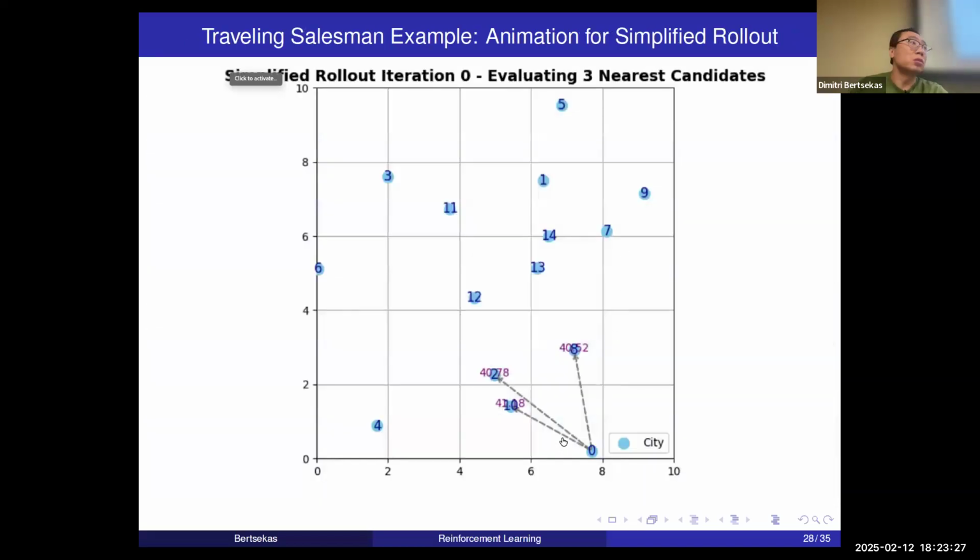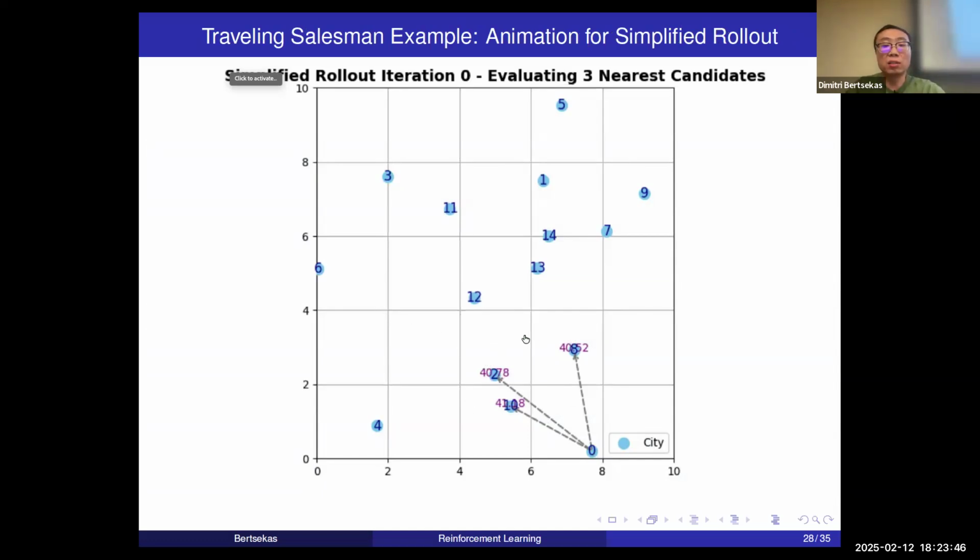Well, the base heuristic to start with is a policy. It's sequentially consistent, which is nice, which means starting from here, if we follow the base heuristic, which is the nearest neighbor heuristic, it's going to construct some paths. And then starting from here, the tail portion of the path is the same.